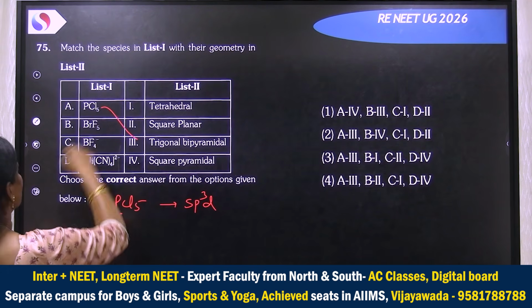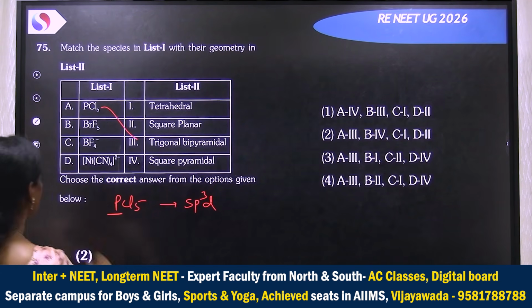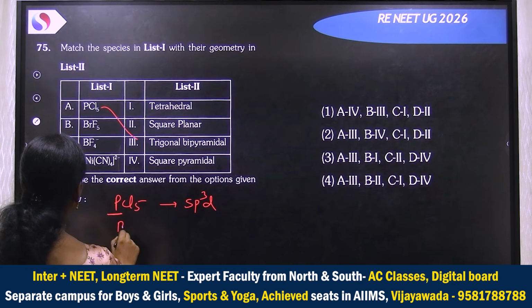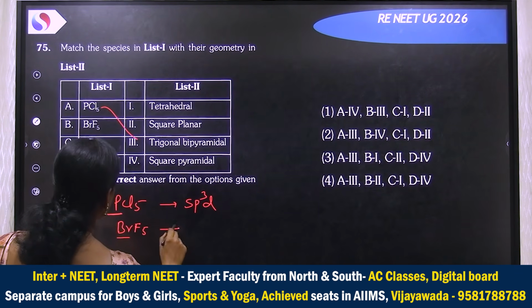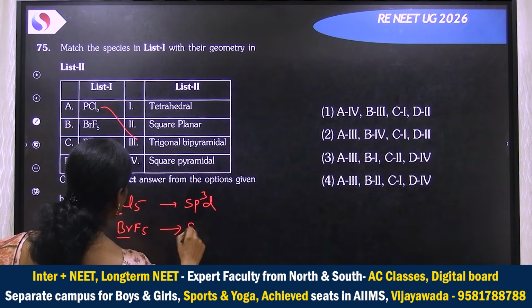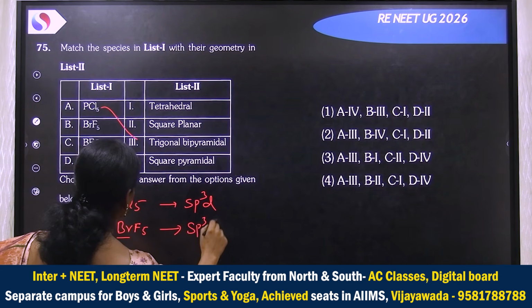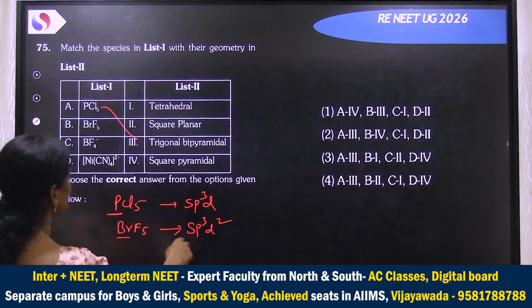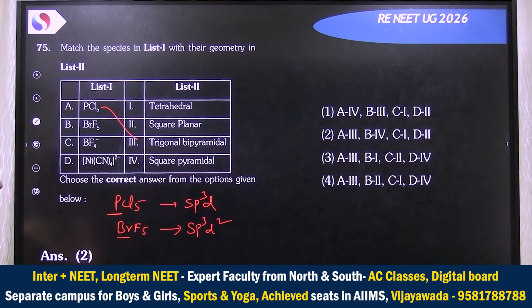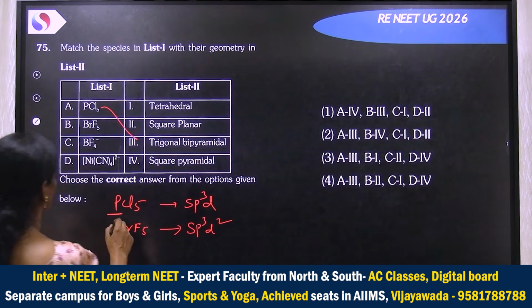And BrF5. In BrF5, the central atom is bromine. The central atom hybridization is sp3d2. So 6 hybrid orbitals or 6 electron pairs and only 5 bond pairs, so there remains one lone pair on bromine.